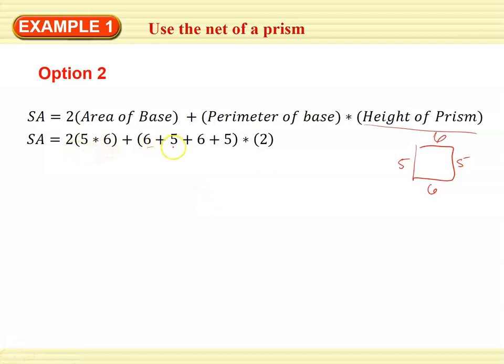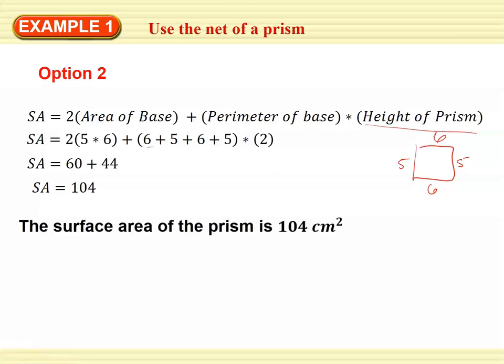And 6 plus 5 plus 6 plus 5 is 6 plus 6 is 12, 5 plus 5 is 10, so this whole thing is 22. So you have 2 times 30 plus 22 times 2, and you end up with 104. And so you'll notice that both methods get you that 104 centimeters squared.